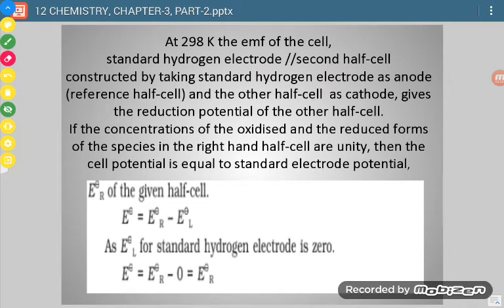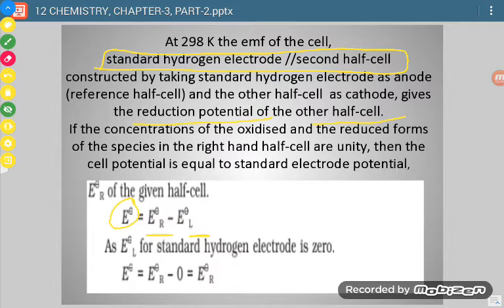Now when we do so, the reduction potential of the other half cell will be calculated on the basis of this. Now how to use the formula? See, when we form such an electrochemical cell, then the EMF of the cell will be given by this much. This is the EMF of the cell. From the definition we know that the EMF of the cell is the standard reduction potential of the right cell minus the standard reduction potential of the left cell.